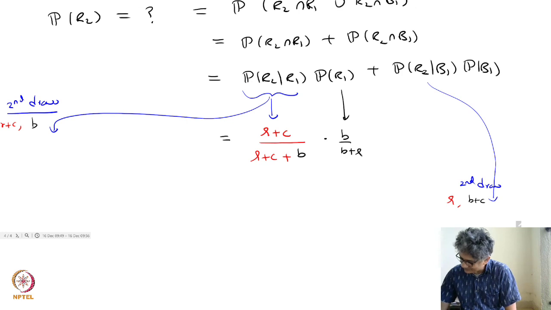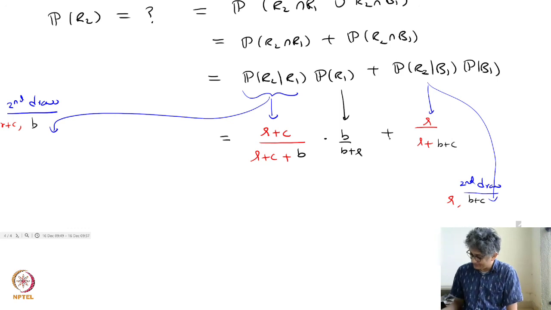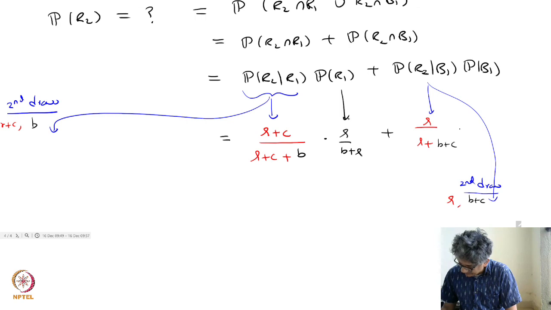So this would just come down to R at the top, and R plus B plus C in the denominator. But B plus C are just numbers, it doesn't really matter. And this is R by B plus R, because red ball, and this is B by B plus R. I made a mistake earlier.